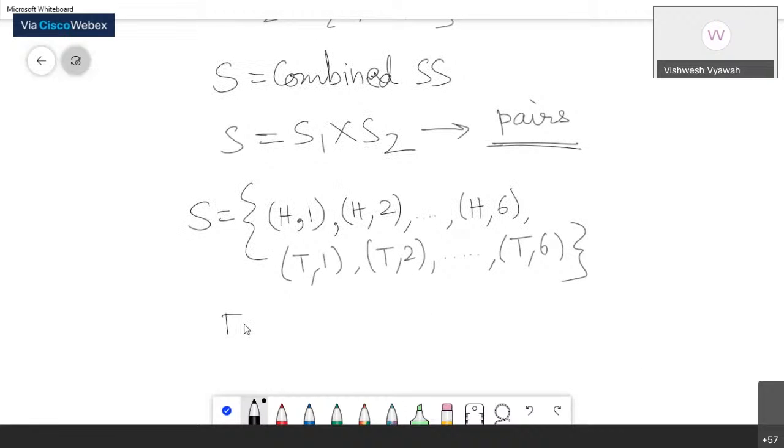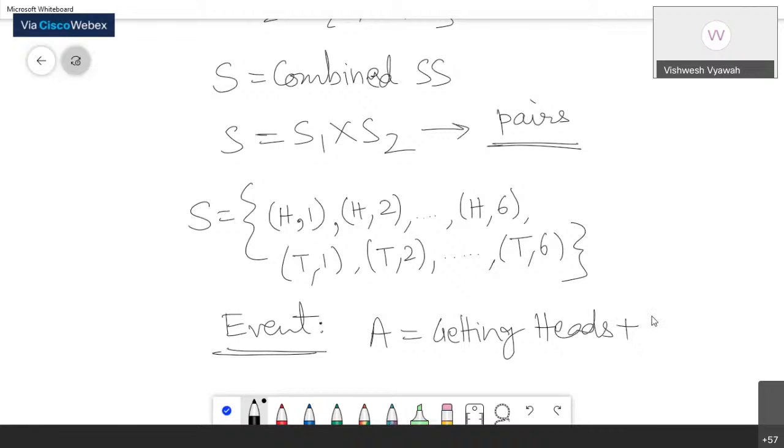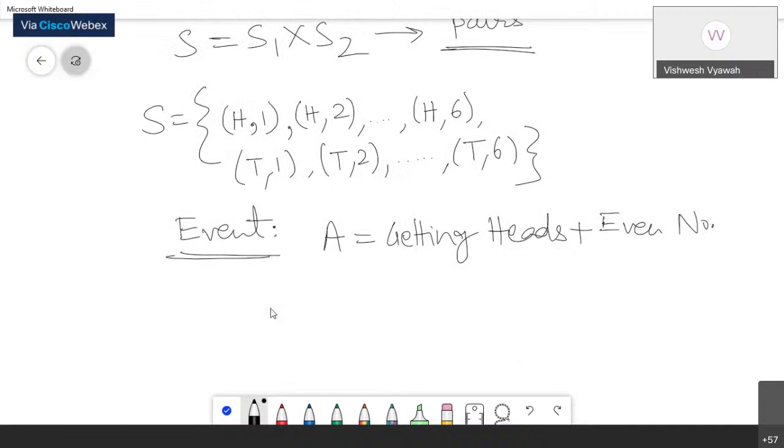Now here you can define an event. What event you can define? Let's say I define an event A which says getting heads plus even number. So what will such an event look like? You get an even number and you get heads. So A will have H comma 2, H comma 4, H comma 6.